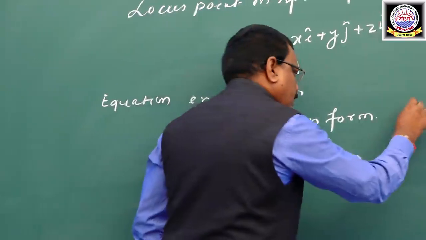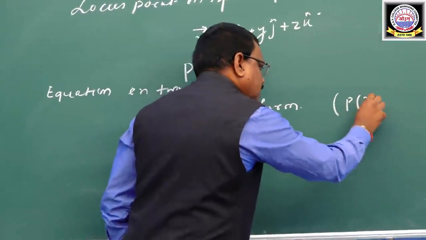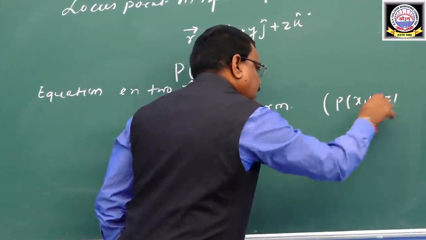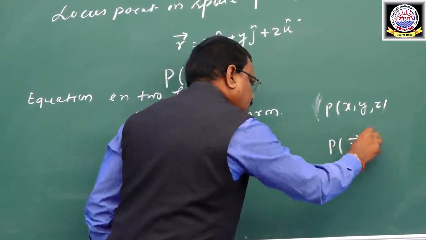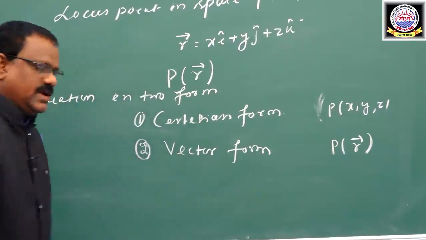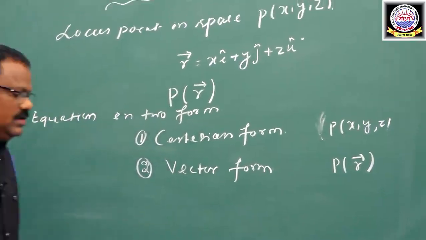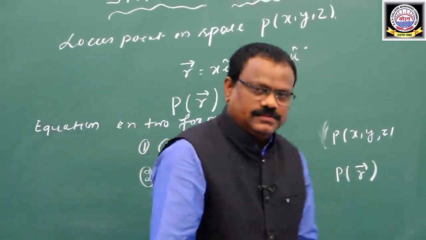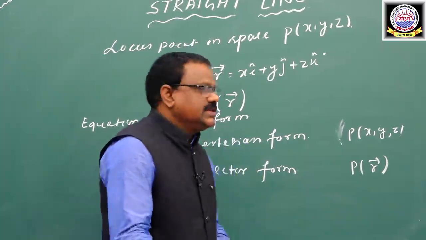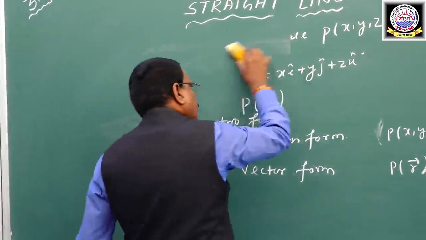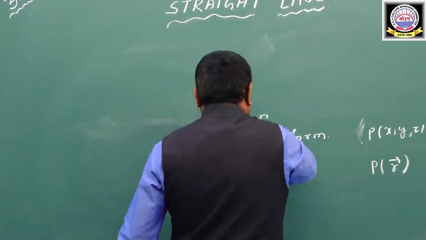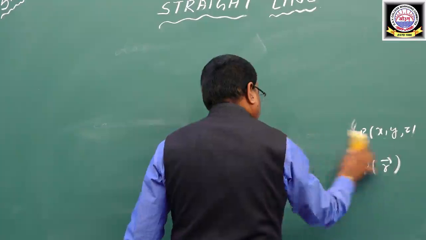In Cartesian form, the locus point is x comma y comma z, and in vector form the locus vector is r vector. That means the equation of the straight line will be read in two forms: one is the Cartesian form, another is the vector form.